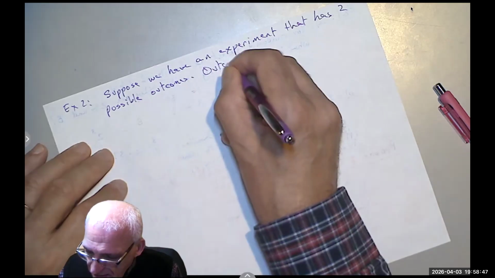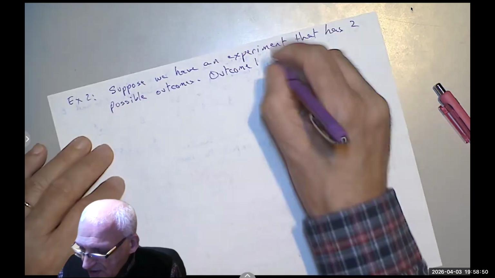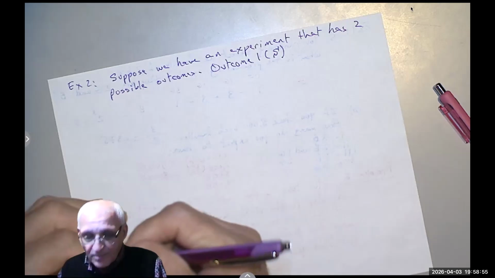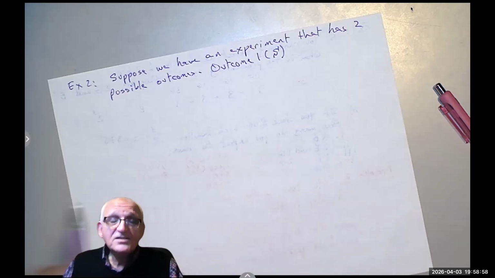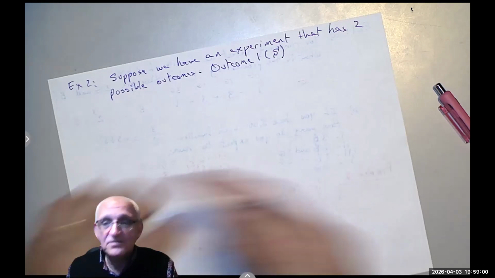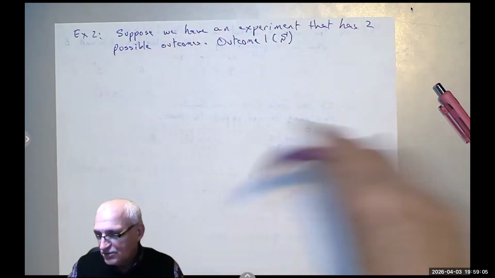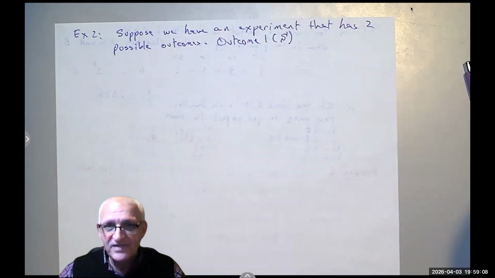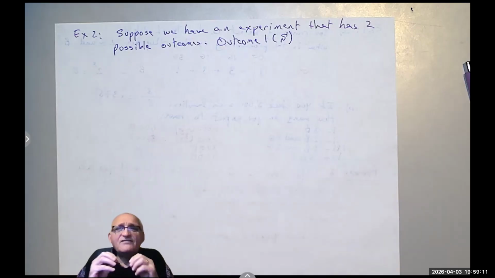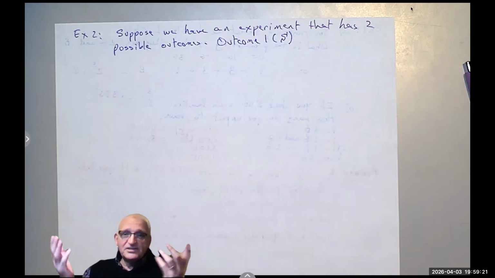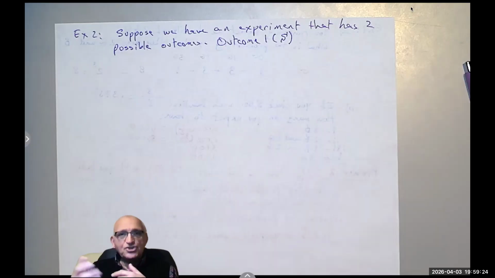Outcome one, we call it success. By the way, success doesn't necessarily, in the language of probability and statistics, mean a good thing. Suppose you are producing some widgets, and in your production line, hopefully almost all of them are good and very few are bad. Maybe a probability of one in 1,000, every 1,001 widgets you have one that is bad, but you don't know which one, of course, unless you check.